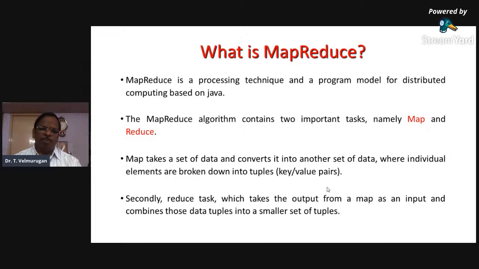Therefore, the output of the map task, the tuples, is the input of the reducer task. The tuples are converted into a smaller set of tuples in the reducer task. This work is carried out in the MapReduce method.